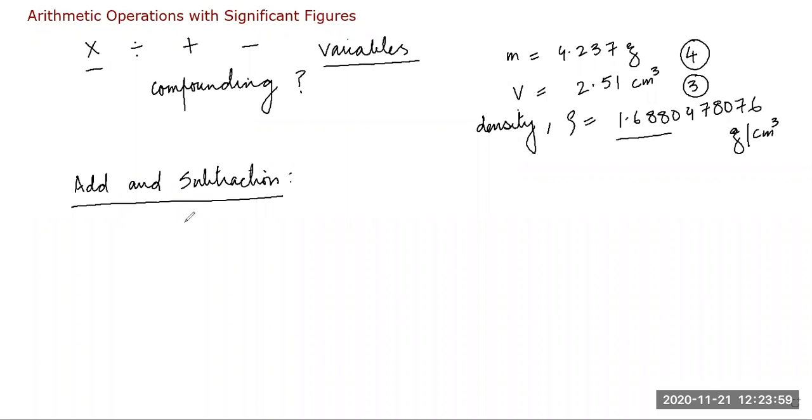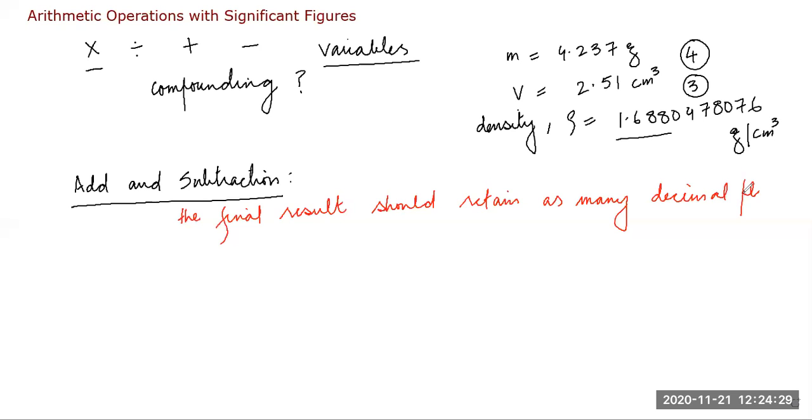In both additions and subtractions, the final result should retain as many decimal places as are there in the number with the smallest number of decimal places.